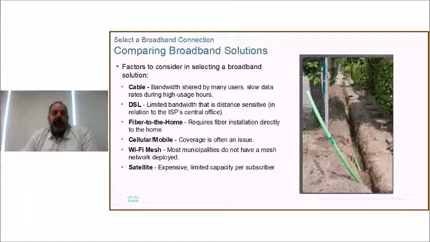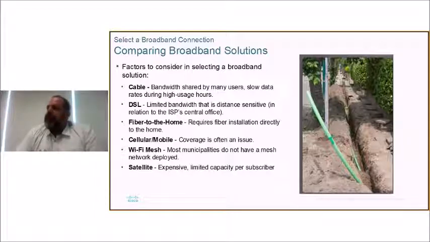Fibre to the home, of course, is available in some parts of the country, but you had to be in one of those exchanges that was done first before they watered down the NBN. Cellular mobile has fairly decent coverage, but when they talk about coverage of the population, it's normally 93 or 96% or something like that.